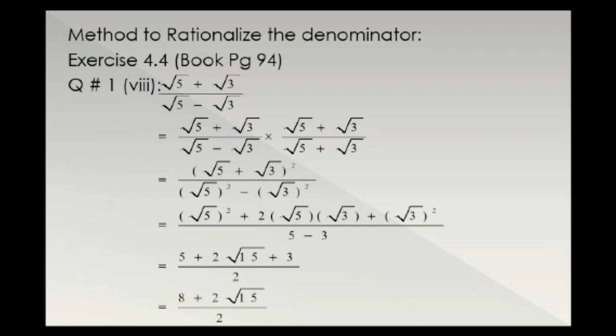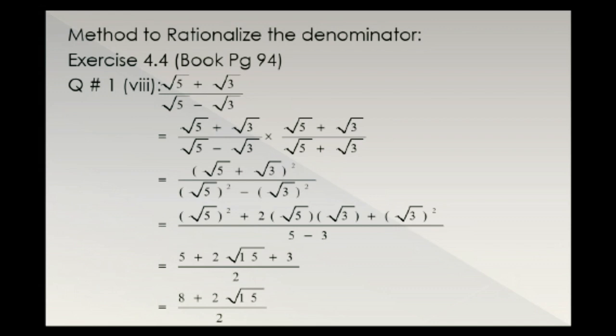So we will take it in whole square. And on the denominator we can apply again the third identity because terms are same, signs are different. So under root 5 whole square minus under root 3 whole square. Square and under root will be cancelled. You will be having 5 minus 3.